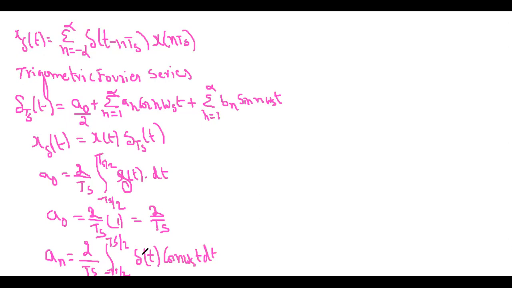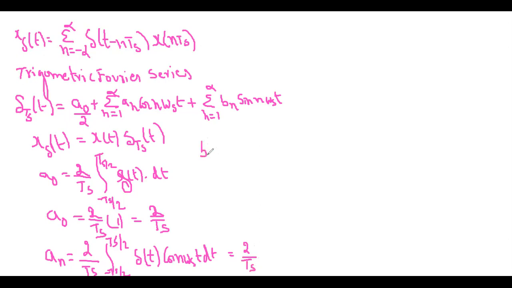See here also the delta of t is equal to 1 at t is equal to 0. So cos 0 is 1, and the delta of t function is 1, so it is 2 by ts. An is also 2 by ts.